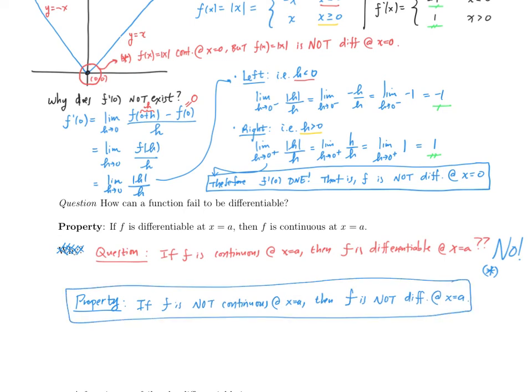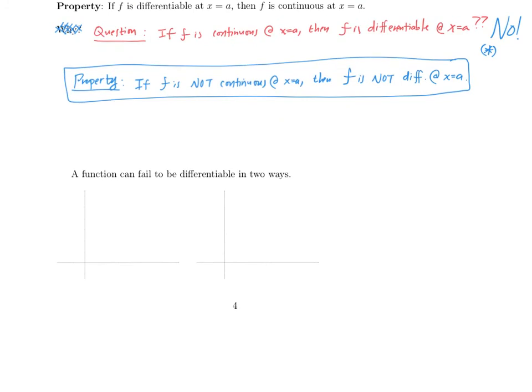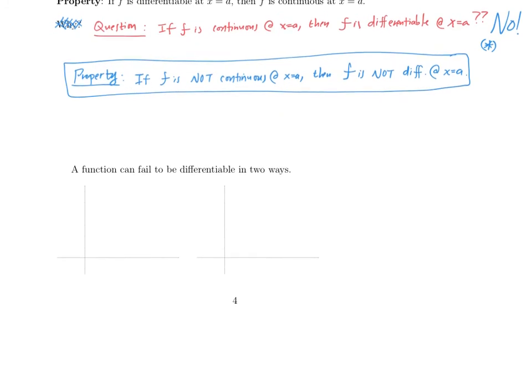As I've claimed, a function can fail to be differentiable at a point for two different reasons. And we've now seen both of those reasons. The first way that a function can fail to be differentiable at a is if the graph of the function has either a sharp point or a cusp at a.